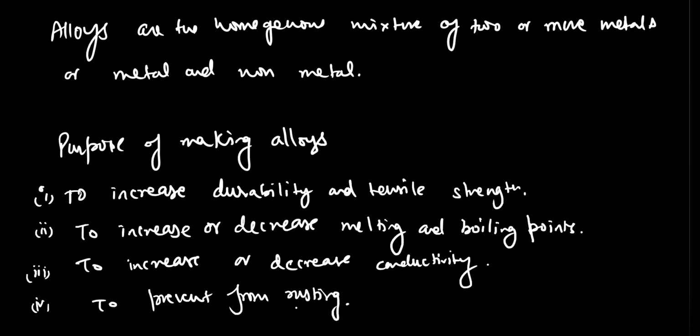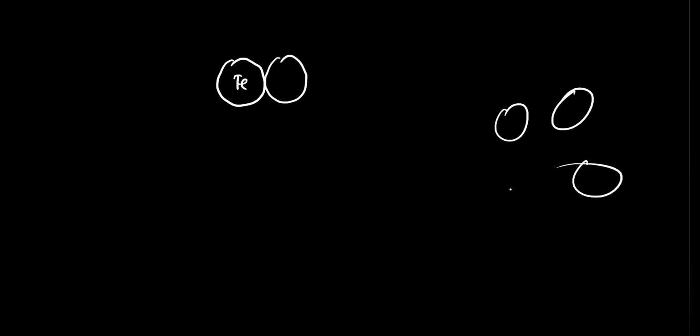How can we increase the durability or tensile strength? For example, as you know, iron atoms, we will go back to the slides, but first let me explain. For example, this is the iron atom. When these atoms are combined together, they form like this. They are placed in layers. Don't think that the atoms in metals are arranged in any order.